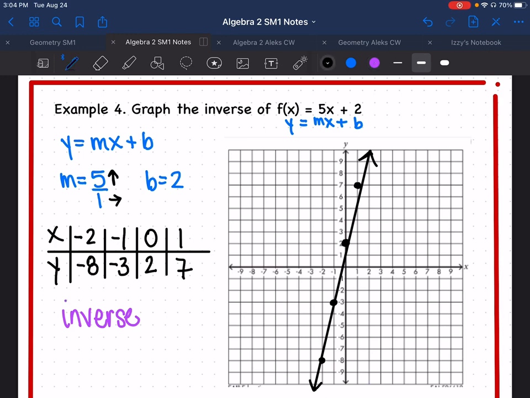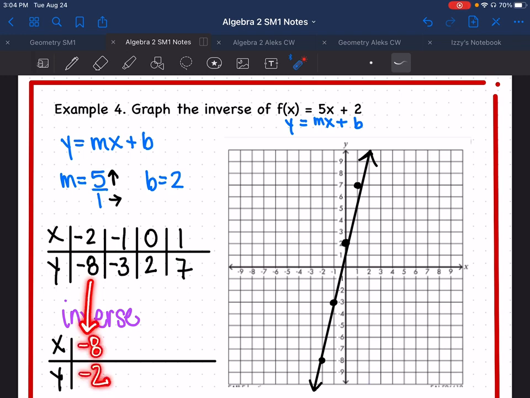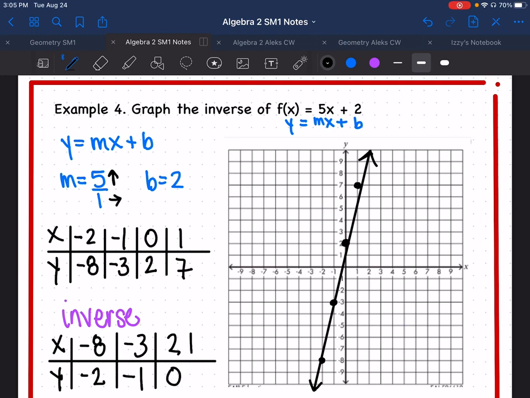And remember, to do the inverse, I'm simply going to switch the x and the y values from the points up above. So this point right here is going to come down and become -8, -2. That's it. Then we're going to plot these. Next, it's going to change to -3, -1. It's going to change to 2, 0.